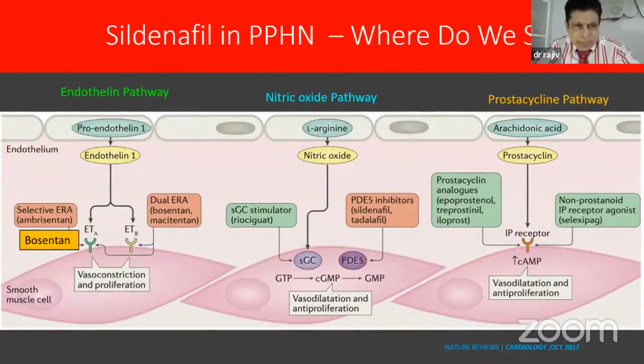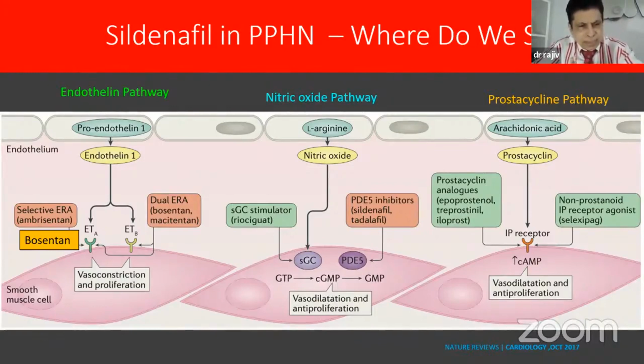Now, we have 3 classical pathways of where to interfere with the pulmonary vascular resistance. The first is the endothelin pathway. The second is the L-arginine nitric oxide pathway, in which there is guanylyl cyclase and cyclic GMP. The third one is the arachidonic acid pathway, prostacyclin and prostacyclin analogs, IP receptor.